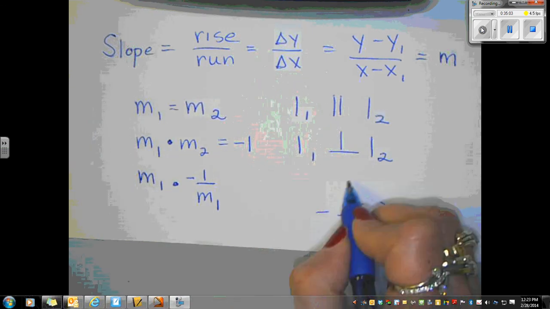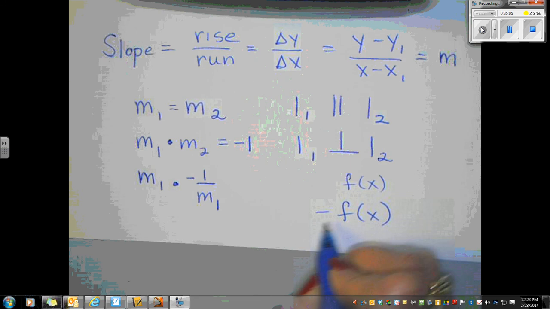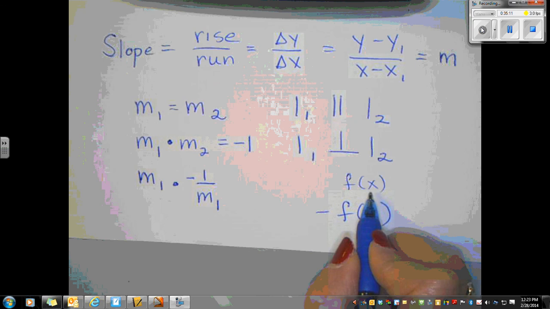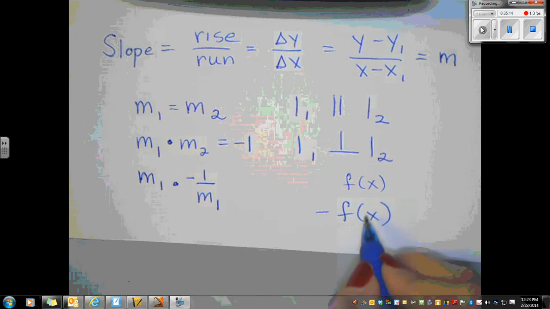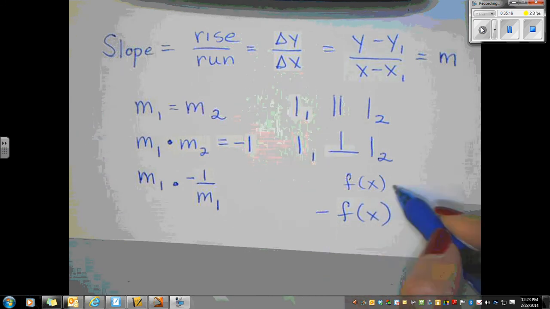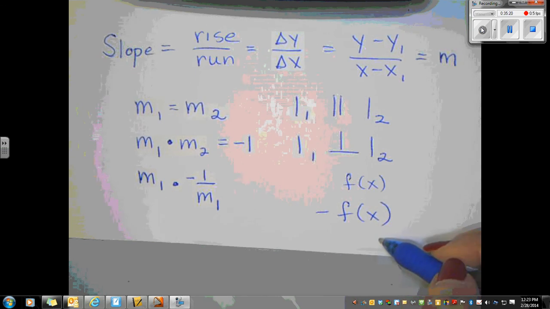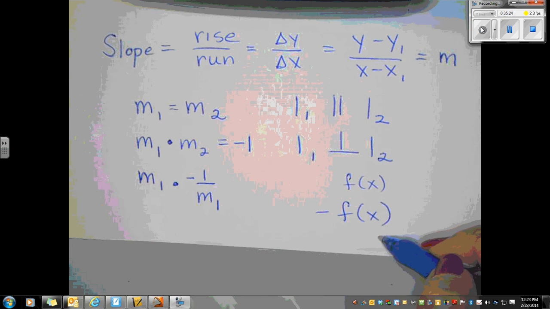If this is your normal graph, what does that mean? Flipped. He's flipped, right? Every single guy took on the opposite value. So, if this was 5, this guy would be negative 5. And he'd be flipped over the x-axis.